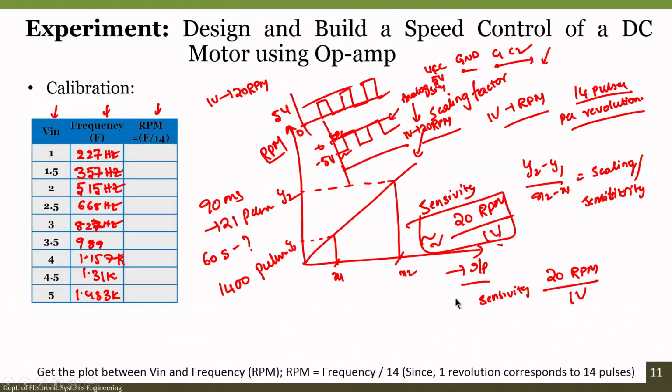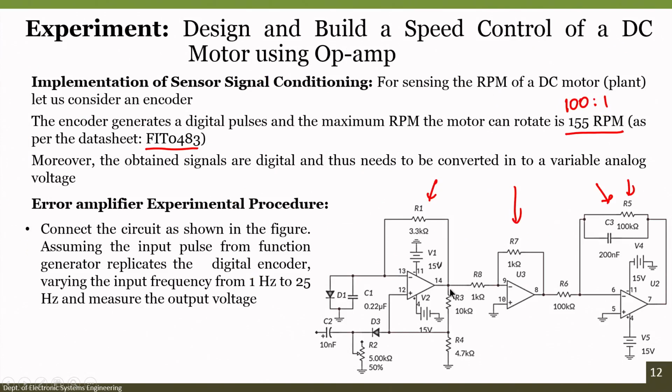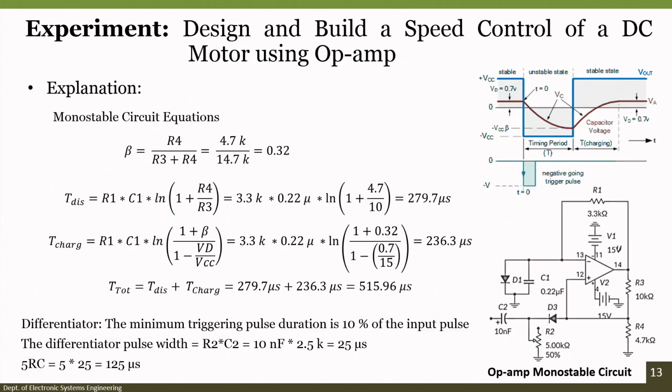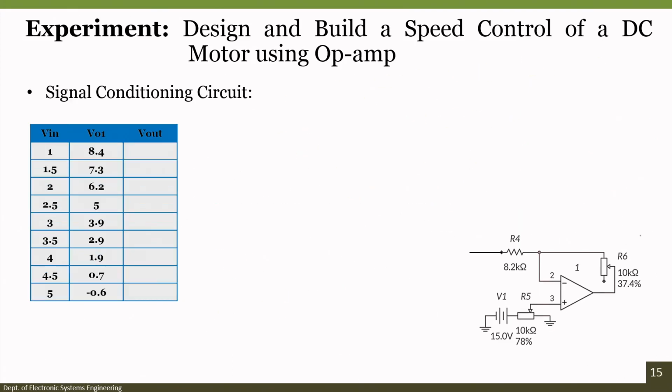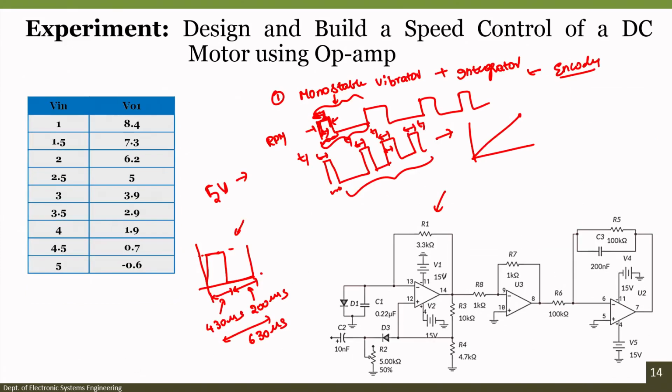Approximately the same. So, whatever monostable multivibrator we are planning to design, its on time should be smaller than the on time of the encoder. What happens if it is higher? If the on time of the monostable multivibrator is higher, at that particular frequency there are chances of missing the pulses.